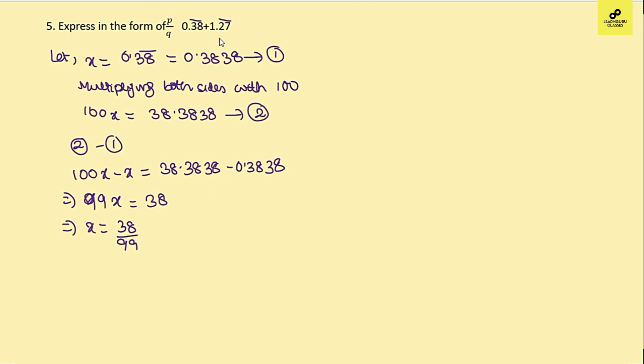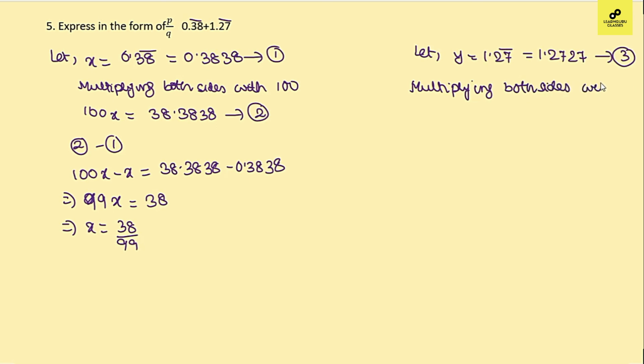Next is 1.27 bar. So let y equal 1.27 bar. That can be written as 1.2727. This is equation 3. 2 digits are under the bar, so multiplying both sides with 100, this becomes 100y equals 127.2727.